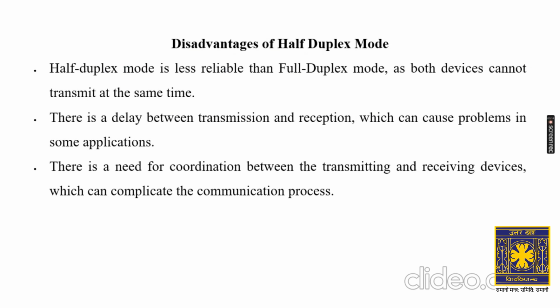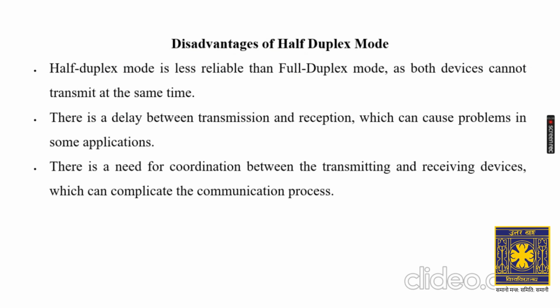Now let us see some disadvantages. Half duplex mode is less reliable than full duplex mode, because both devices cannot transmit at the same time. There is a delay between transmission and reception, which can cause problems in some applications.